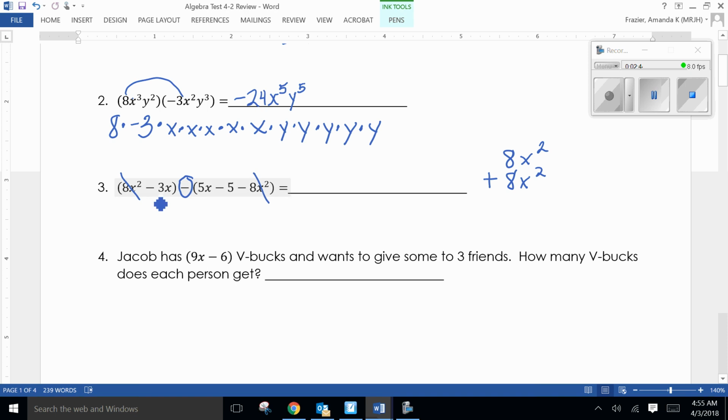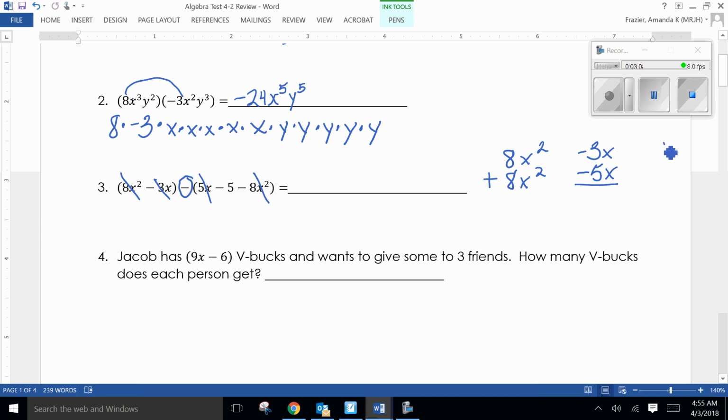And then I have negative 3x. And I'm subtracting 5x. And then I just have my negative 5, but I'm subtracting negative 5.